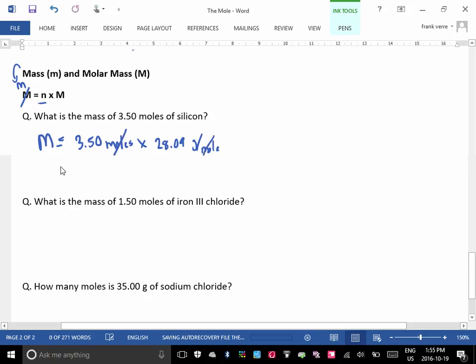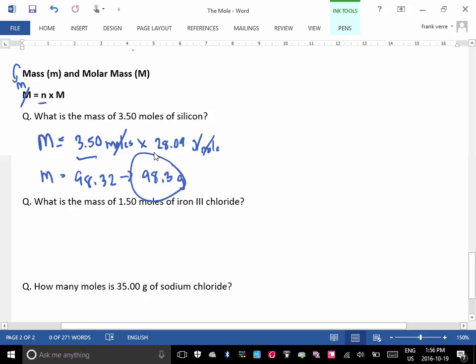So what would the mass be of 3.5 moles of silicon? 98.32. But how many significant digits should we have? 3. There's 3 here. So 98.3 grams. Okay? So far so good?